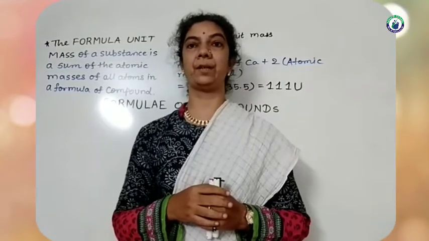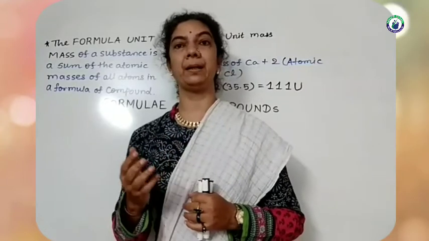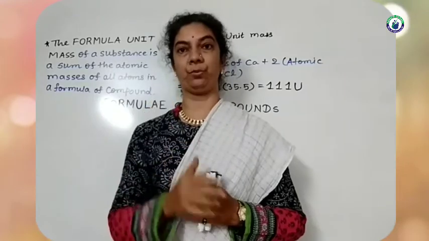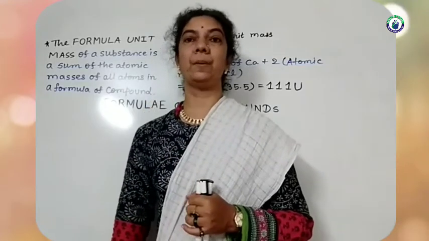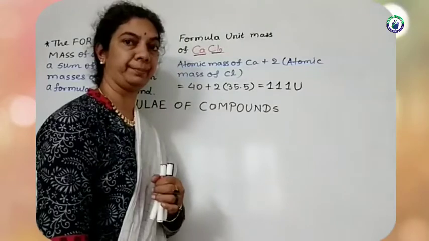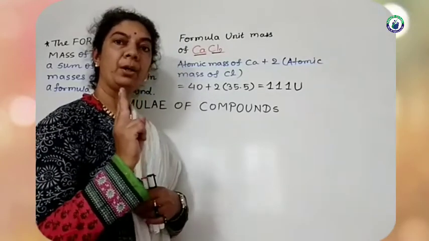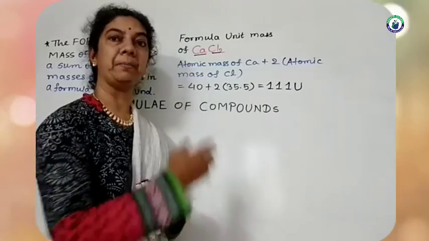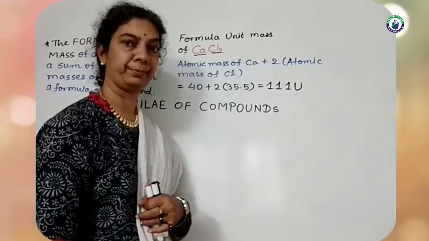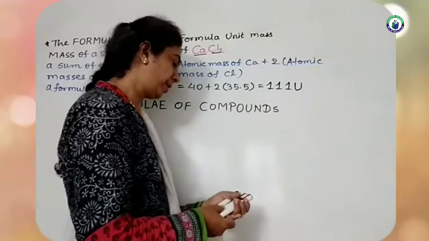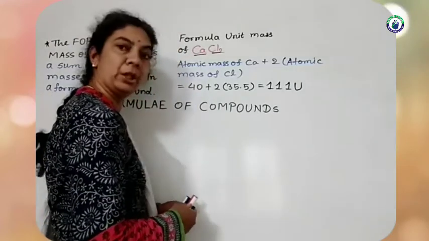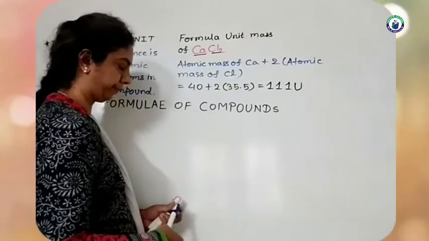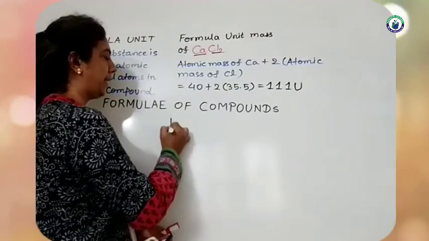First, we will start with the simplest binary compounds. Binary means two. So the compounds containing only two elements are known as binary compounds. Very first, we are having two elements, H and Cl.